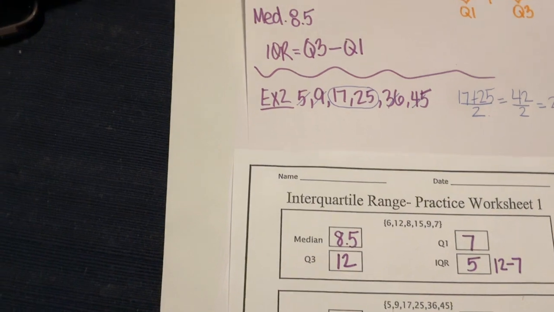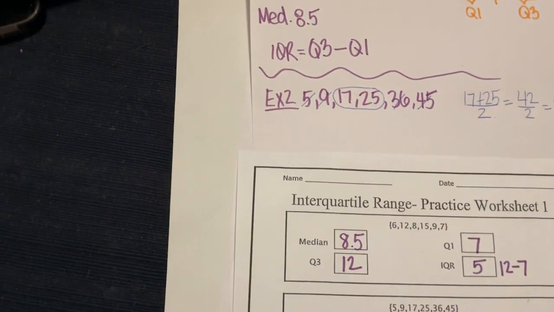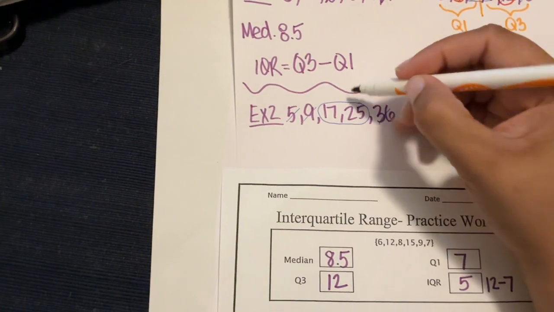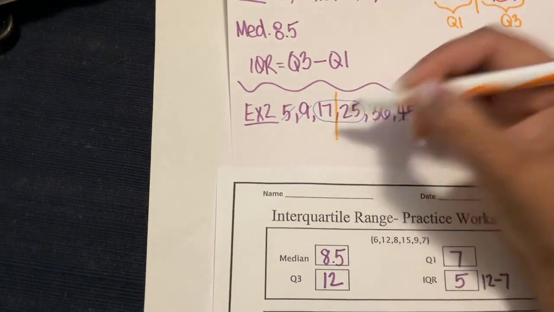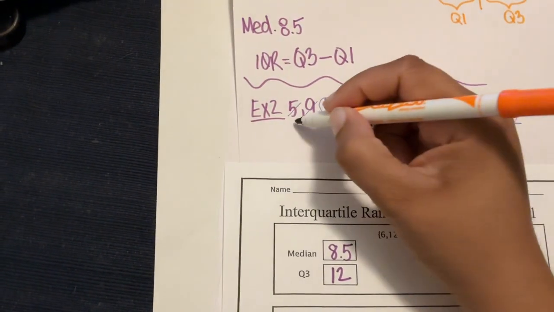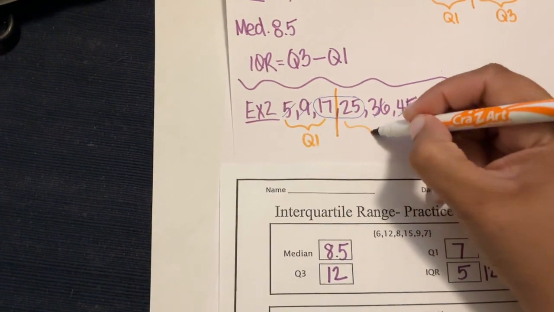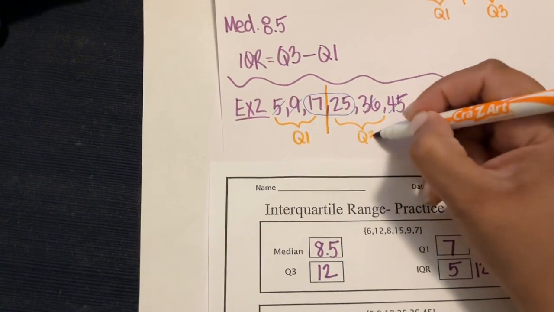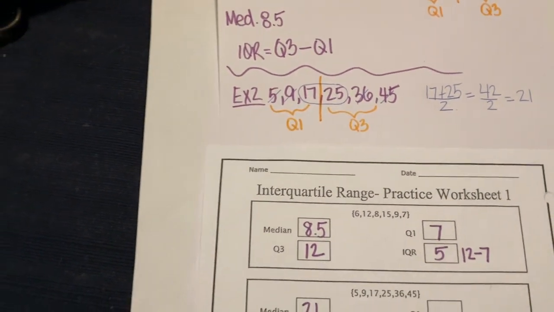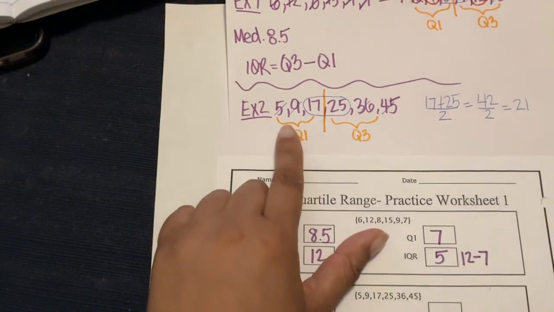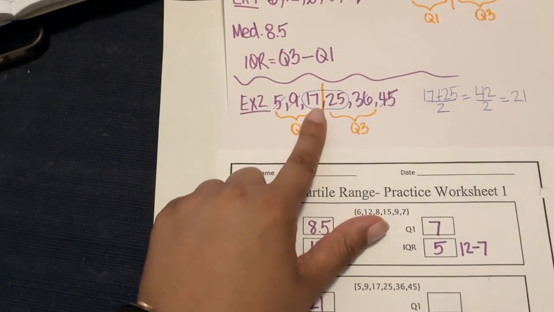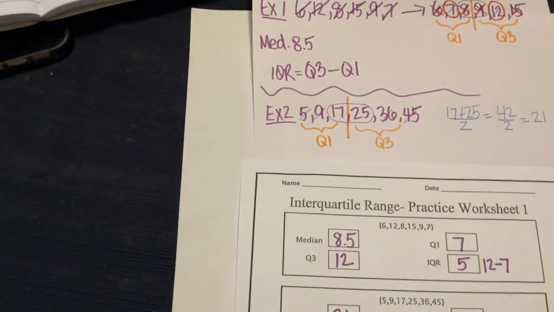To find Q1 and Q3, because I have these 2 numbers, you split it down the middle. This part is going to be Q1, and this part is going to help me get Q3. Again, you cross off until there's 1 or 2 left over.